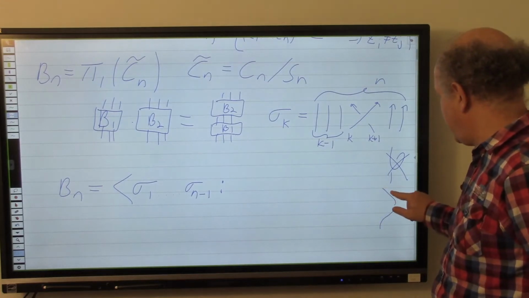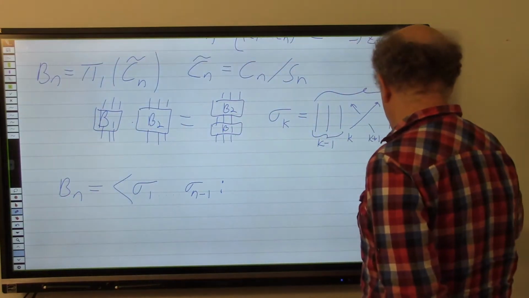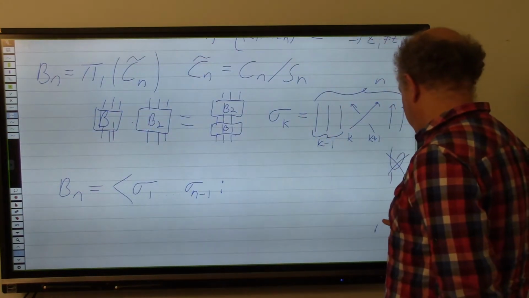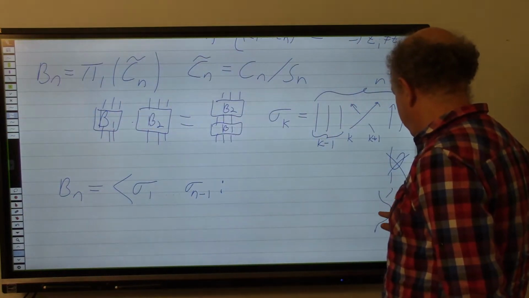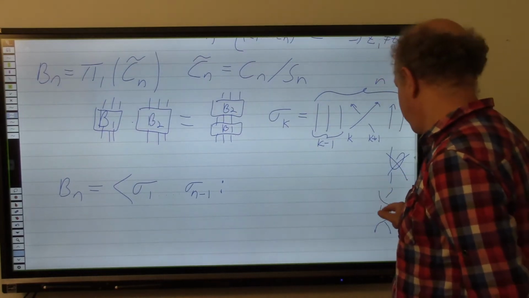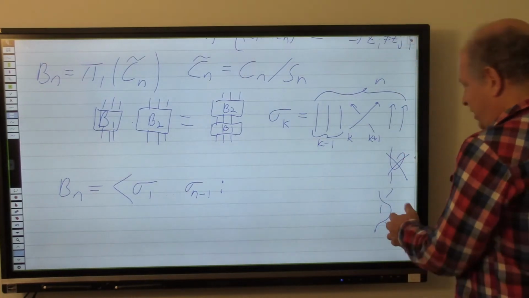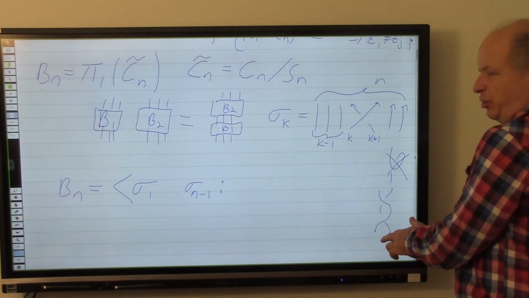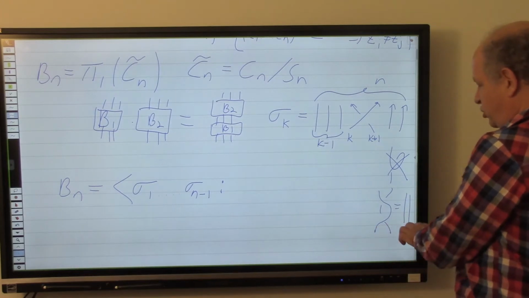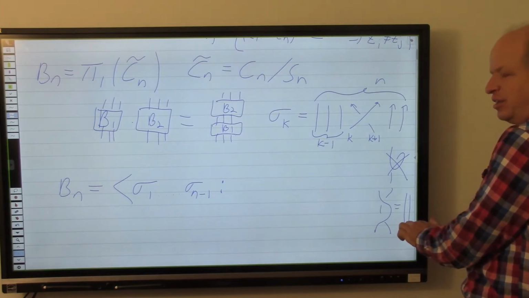Reidemeister 2 is the relation that if you put a positive crossing and then a negative crossing, the product is 1. Sorry, this should be equal to that, and this is the identity braid.